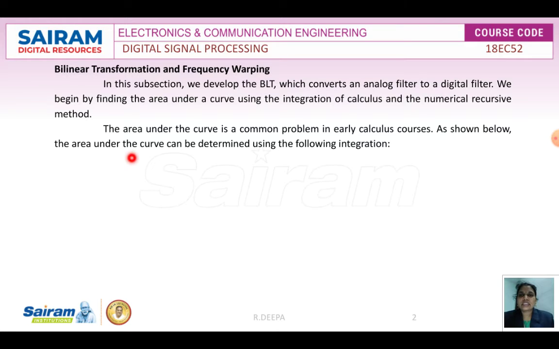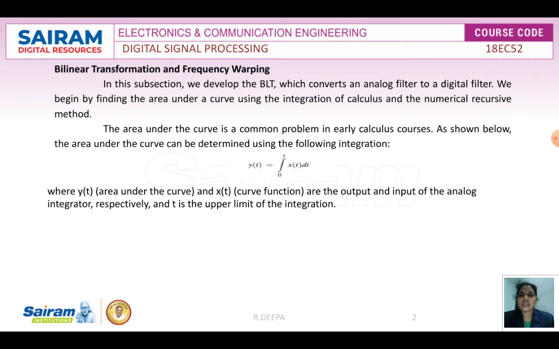Let us consider an area under the curve. The area under the curve is a common problem in earlier calculus courses. Here we are going to determine it using integration. So the output can be written as y of t equals the integral of x of t dt.